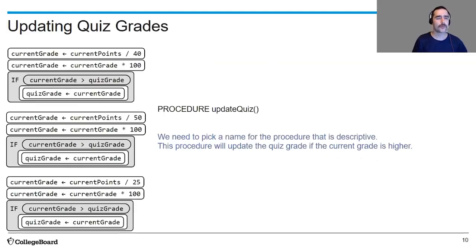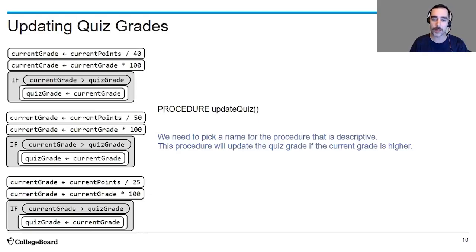When you're picking a procedure name, it seems like a small thing, but it is probably one of the most important things you'll do. You really need to name your procedure well. You may come back to this months later and you really need to know what your procedure does.